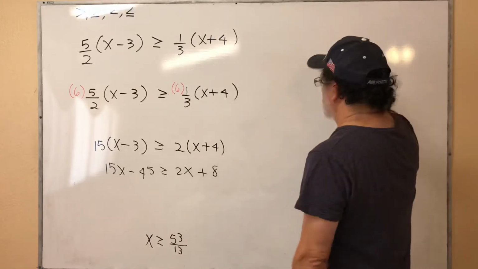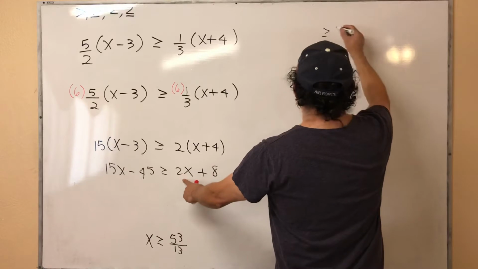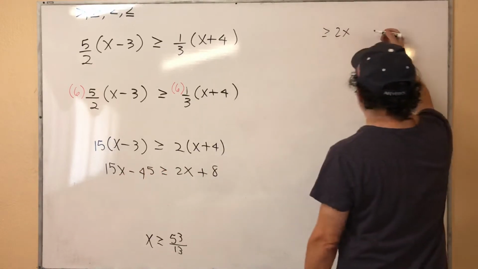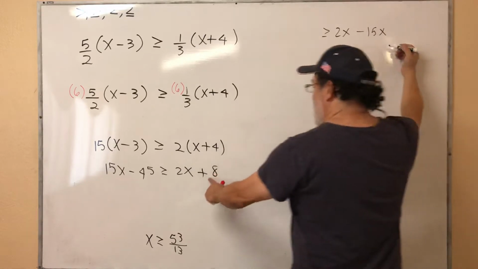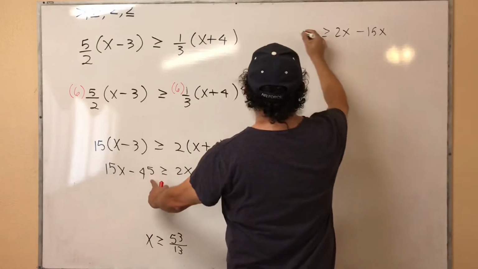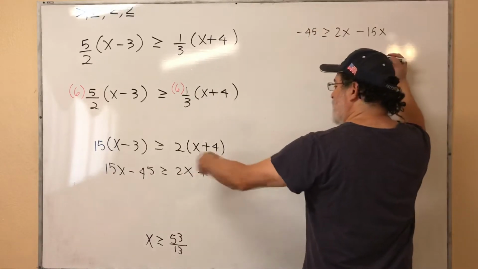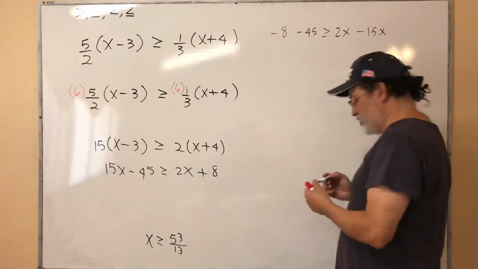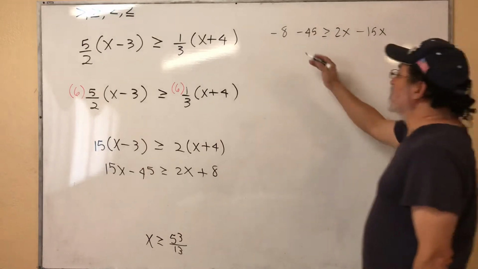Okay, so look at this. So greater than or equal to, we have a 2x there, and I'm gonna bring the 15x to my right, minus 15x. And this negative 45 is there, and I'm gonna bring the 8 to my left. So this is minus 8. Watch this.